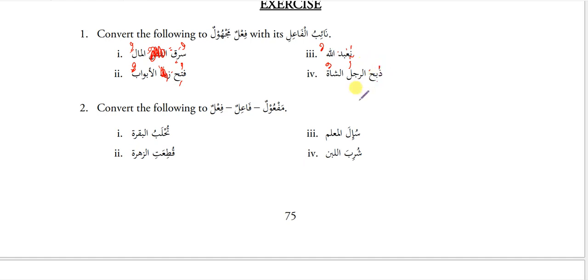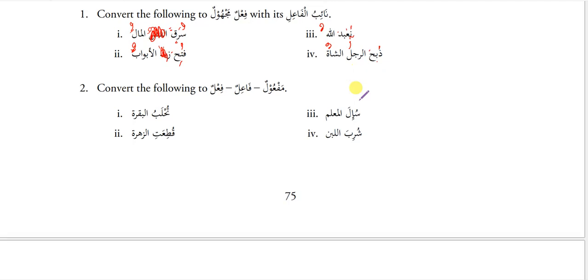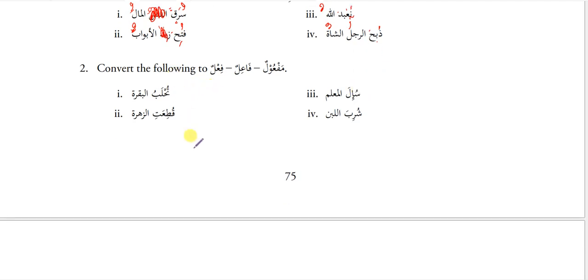Convert the following fi'l, fa'il and maf'ul. So here we have tuhlabul baqaratu, so you can say tahlibu al-baqarata. Then we have quti'atiz-zahratu, so you can say qata'ta az-zahrata, you plucked the flower.